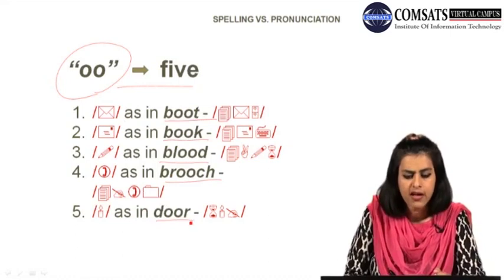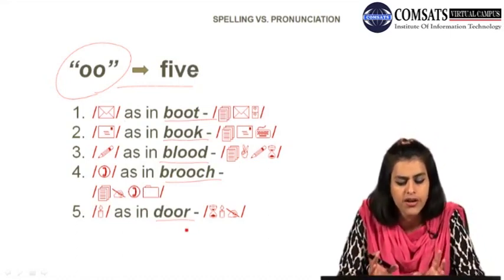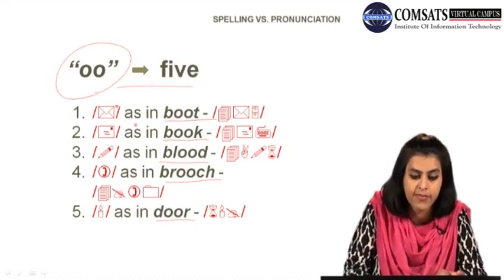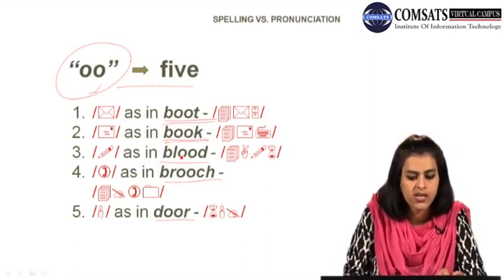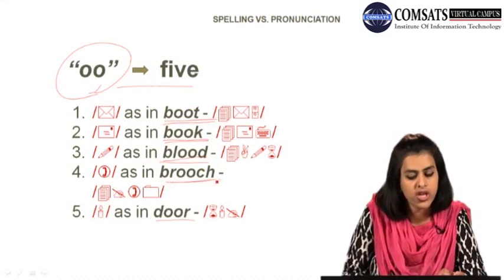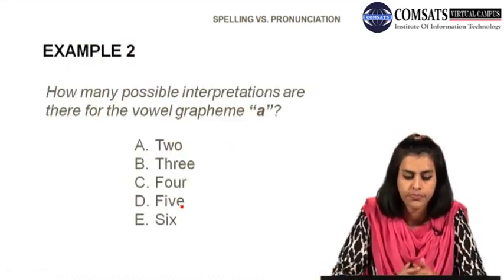Do you see there are five different pronunciations, or five different interpretations, of one sound, double O, in the words boot, book, blood, brooch, and door? Now let's try to see why that is so.